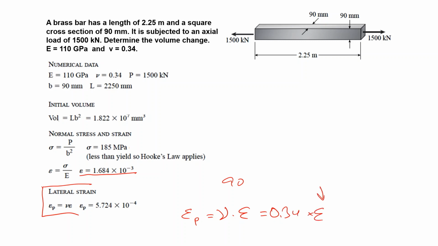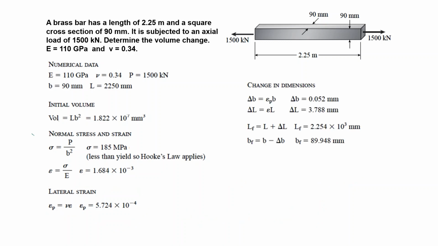This epsilon was 1.646 times 10 to the minus 3. So if you do this calculation, you find the lateral strain is 5.7.